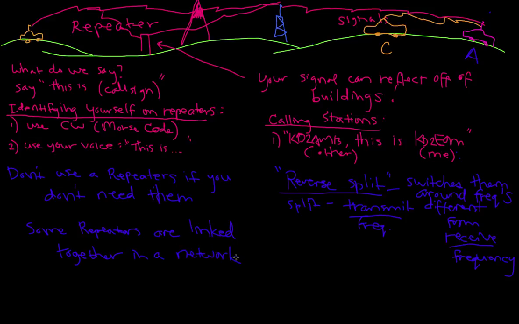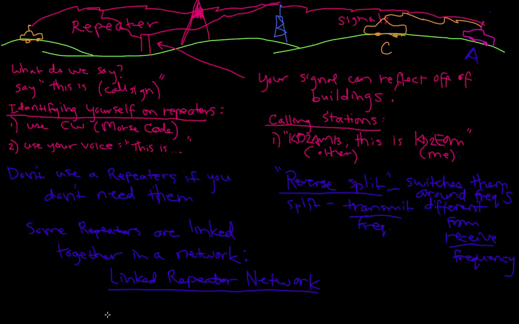For example, let's say there's a repeater network in a certain county, and there are three towns in this county: Warwick, Chester, and Washingtonville, with a repeater in each, all linked in a linked repeater network. If I transmit a signal to the Warwick repeater, it will also be repeated on the Chester and Washingtonville repeaters.